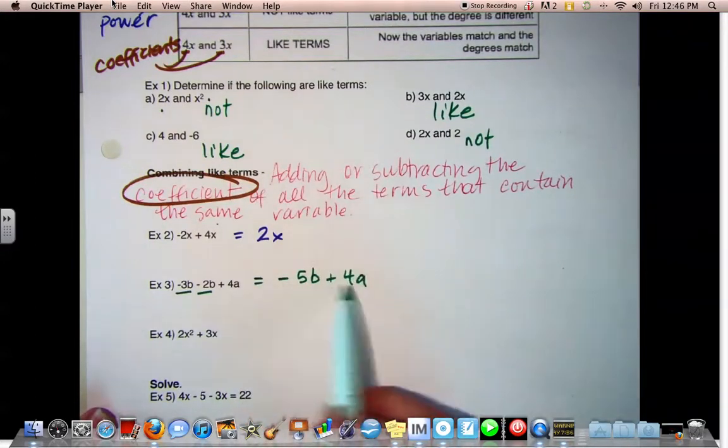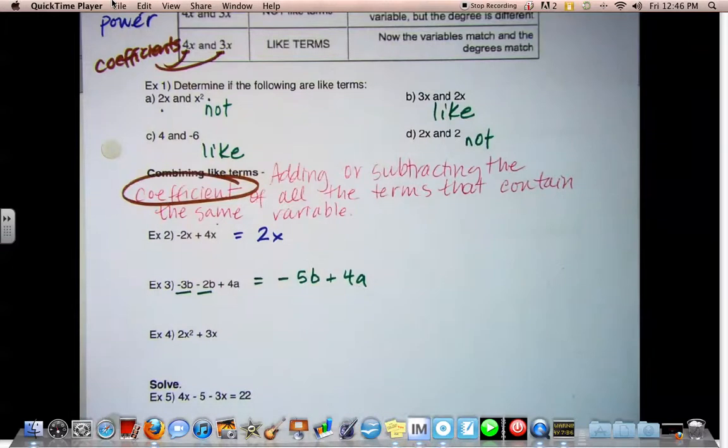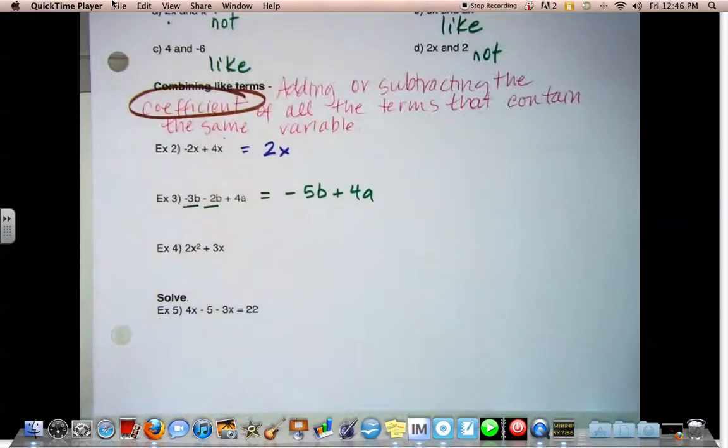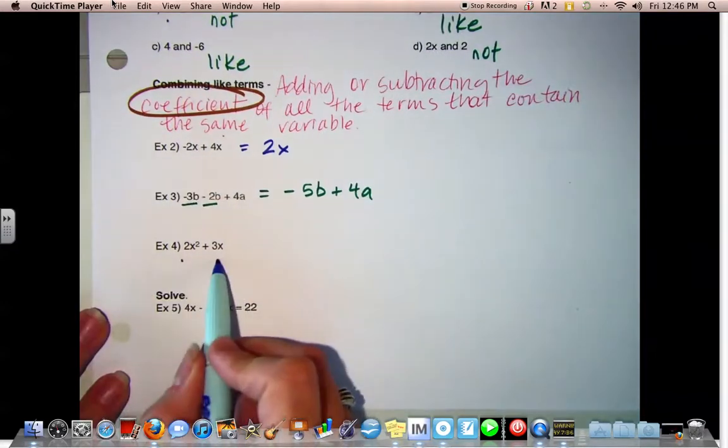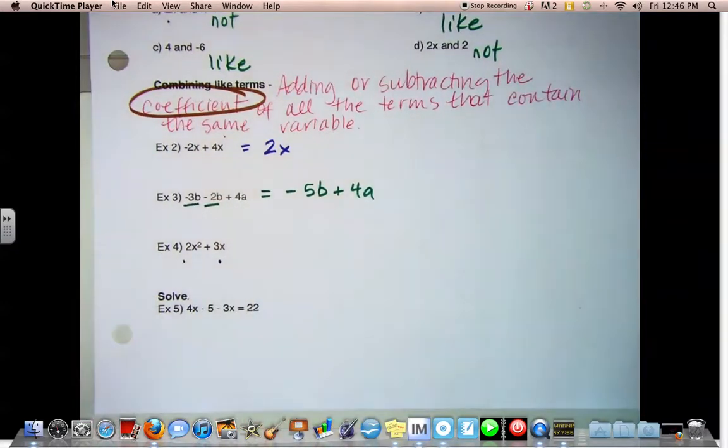We can't combine these any further, so it stays like that. This is like those typical problems you're doing in algebra. 2x squared plus 3x. Are they like terms? No. Is it as simple as it gets? Yes. So it just stays 2x squared plus 3x because they're not like terms.